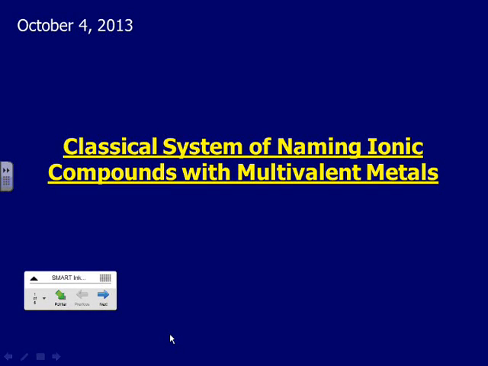Now, this naming system only deals with the multivalent guys on the periodic table. So all we're really learning now, just here at the end, is how to name the ones with the Roman numerals in the classical system.